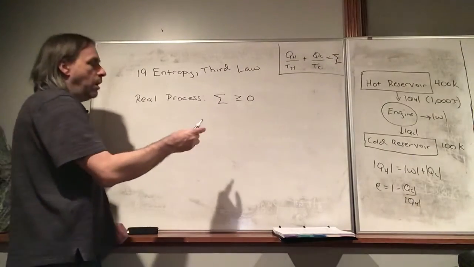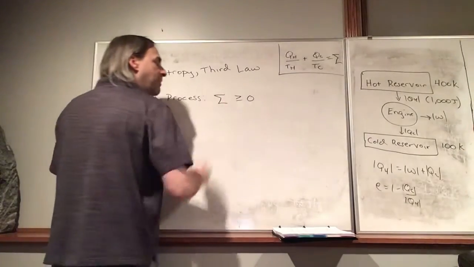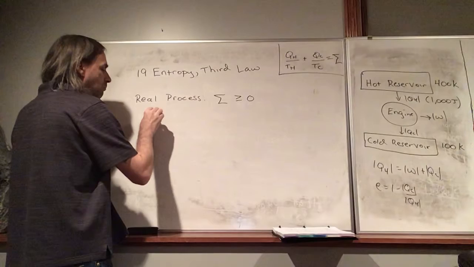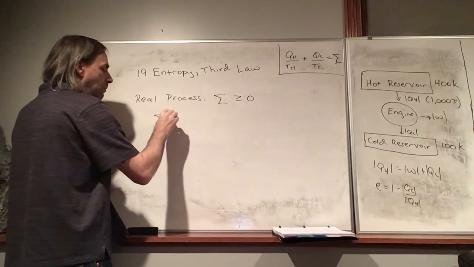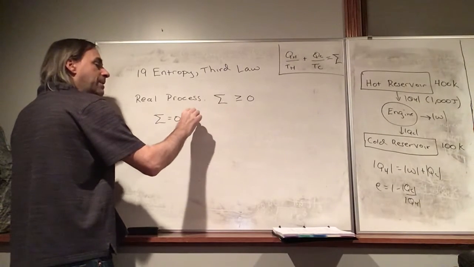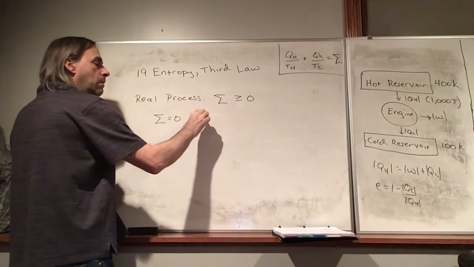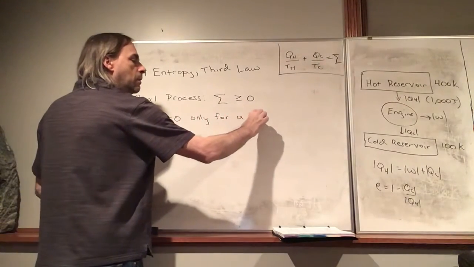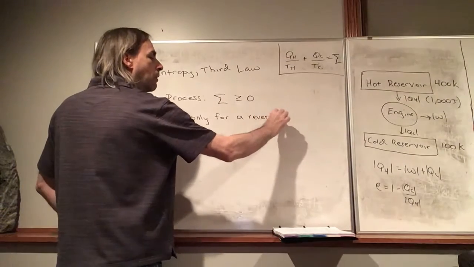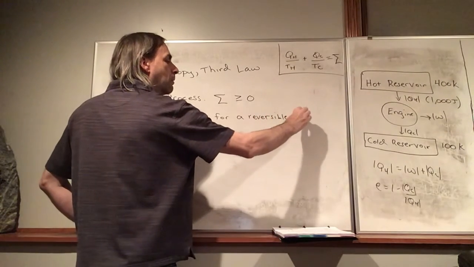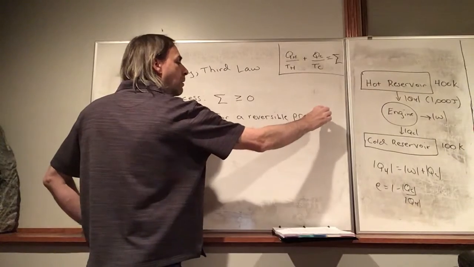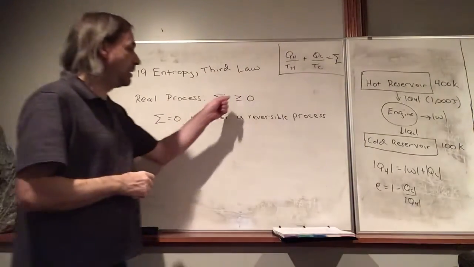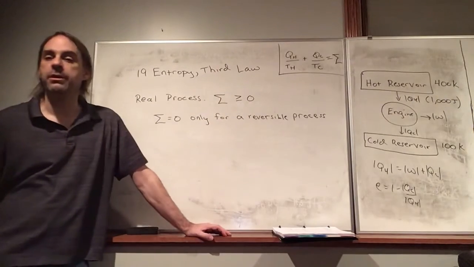And it turns out this equal sign is only possible for a reversible process. So if you have an irreversible process, this sum is going to be greater than 0.